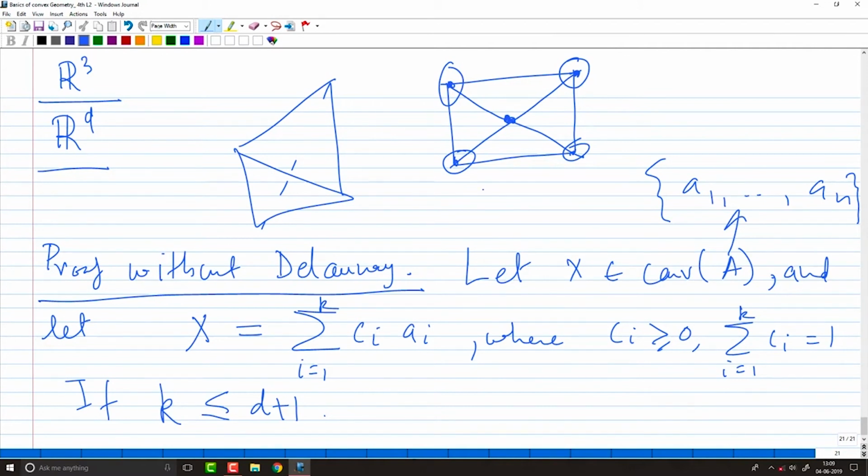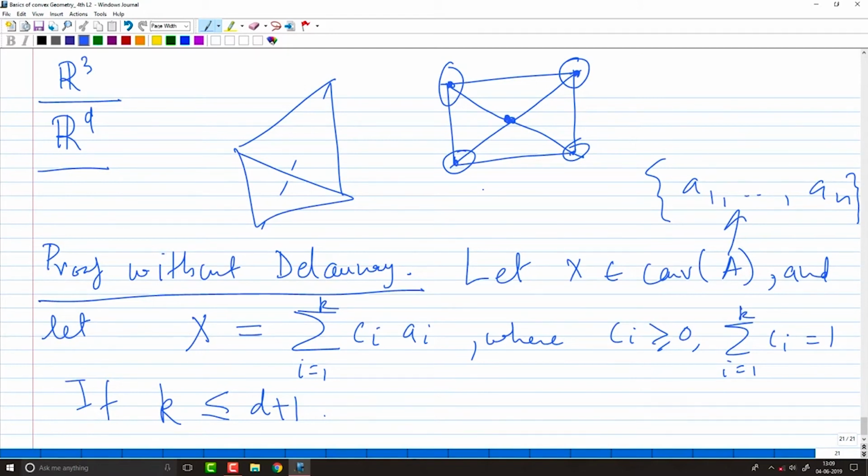But I can ask for the following thing. I will use the representation that uses the least number of points. I am using k points, A1 to Ak, from the set. There may be many other representations also.